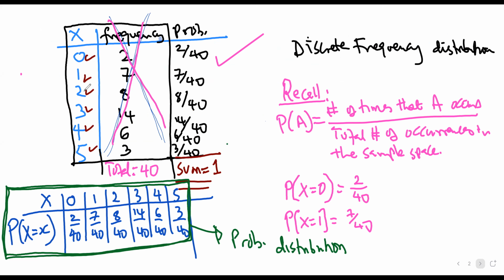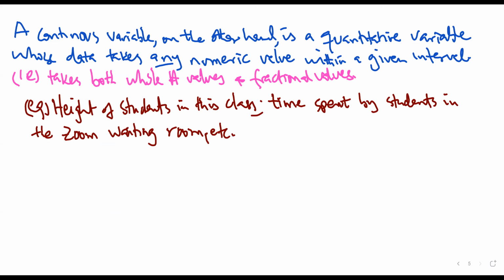It was taking some specific whole numbers or some specific numerical values. So this is an illustration of a discrete probability distribution. If this X is a continuous variable, then the kind of probability distribution that we'll be having here will be a continuous probability distribution. So that's a simple distinction between the two types of distributions.